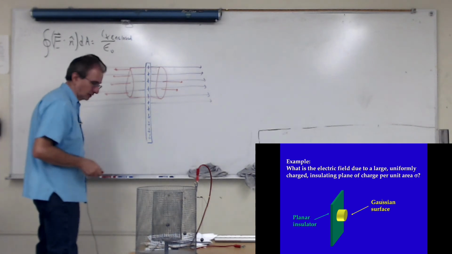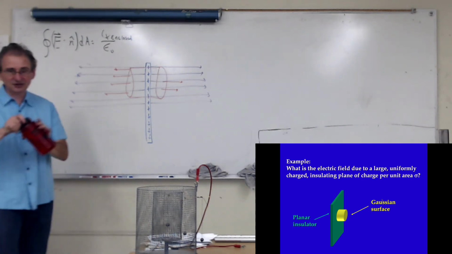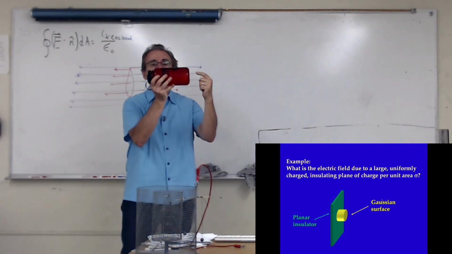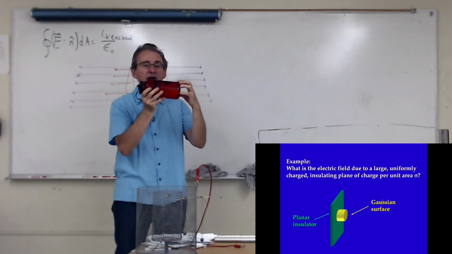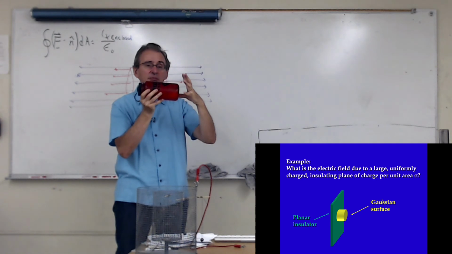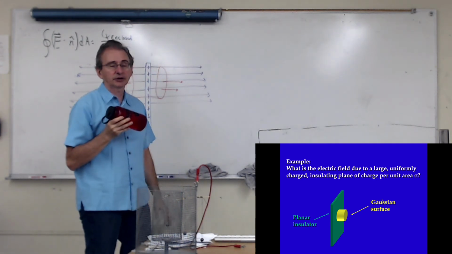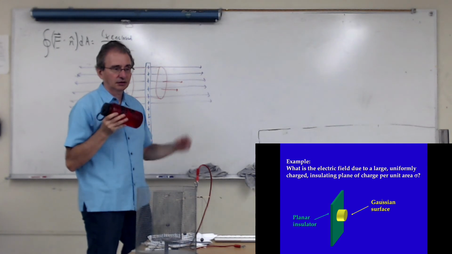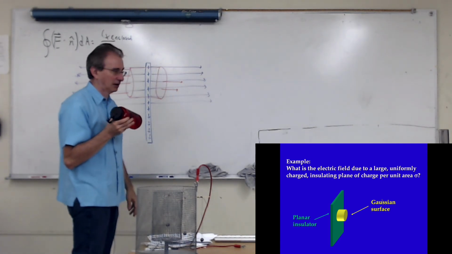Of course, so let me get my container. So here's a cylinder. The field lines are going to penetrate this end and this end. Now, of course, the cross-sectional area of this cylinder is going to be huge. It's got to match the cross-sectional area of the cylinder. Infinity. We're looking at the limit as A goes to infinity.